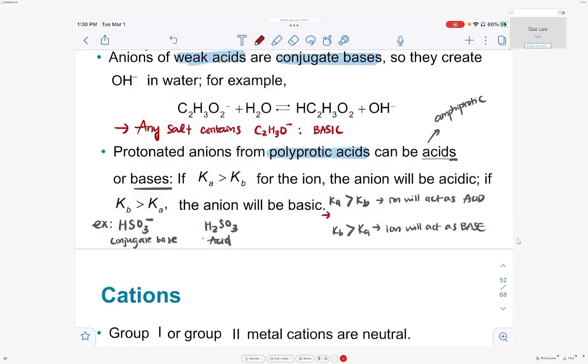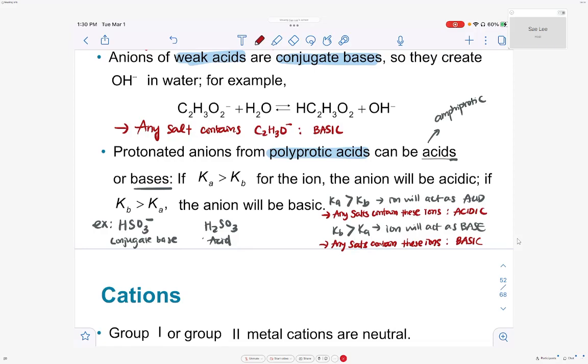In other words, any salts that contain these protonated anions will be acidic if Ka is larger than Kb, and basic if Kb is larger than Ka.